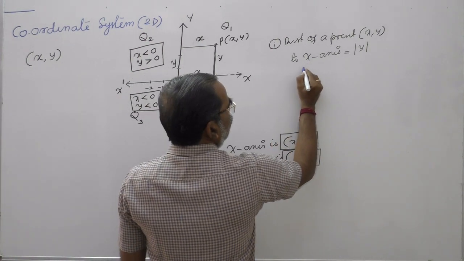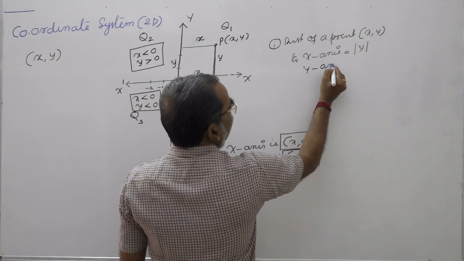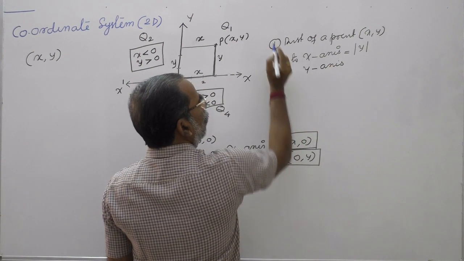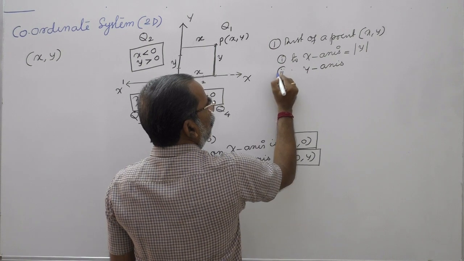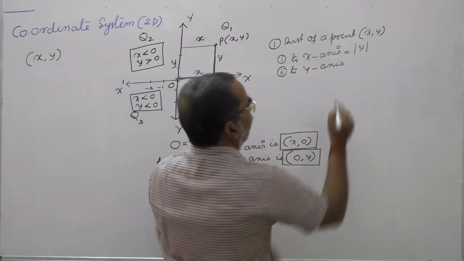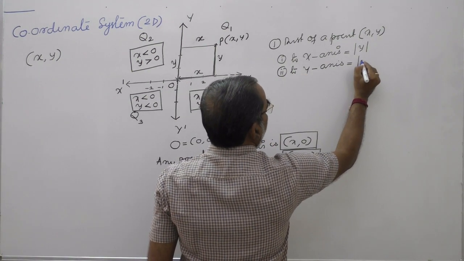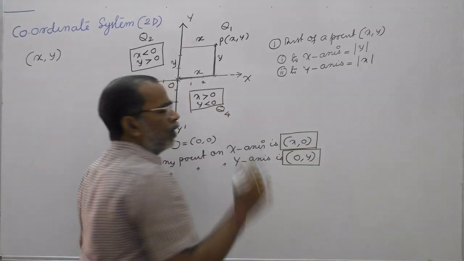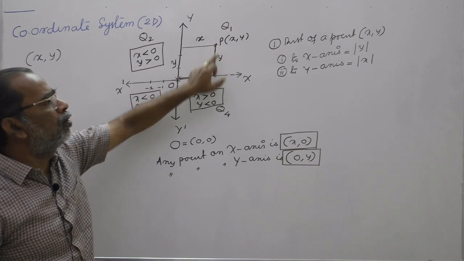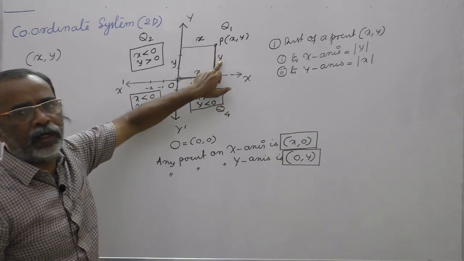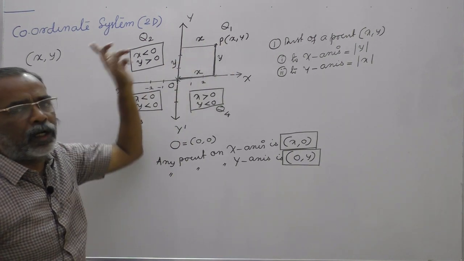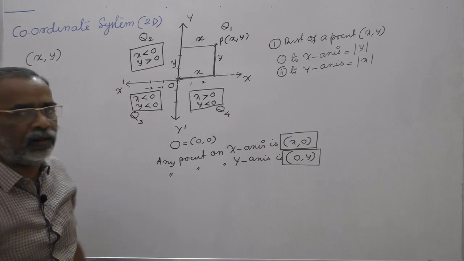And the distance of the point x, comma y to the y-axis is what? Mod x. Right. Therefore, if a point is given, the distance of the point to the x-axis is the magnitude of the y coordinate. The distance of this point to the y-axis is the magnitude of the x coordinate.